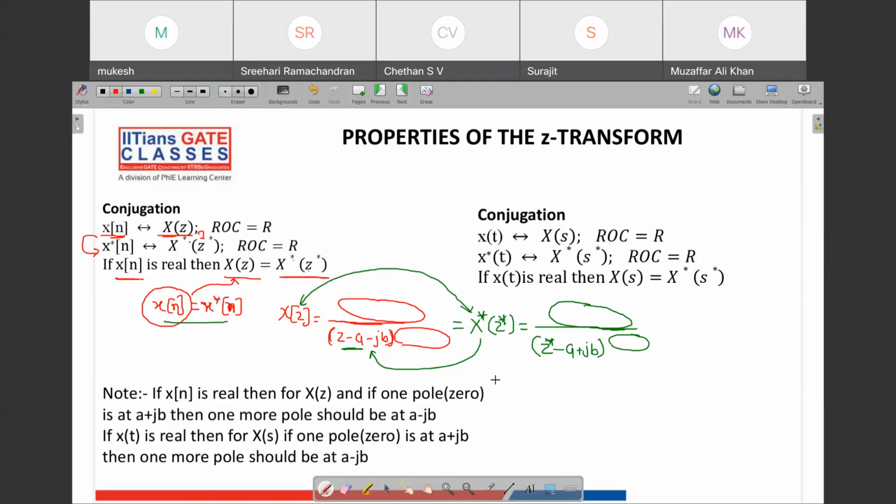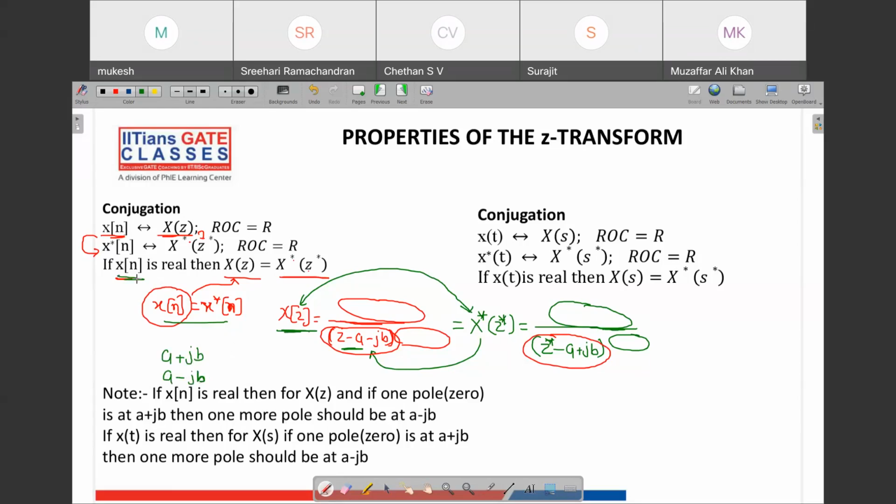Because of that, this term and this term should exist simultaneously for the Z transform X of z. What it means is that if you have any pole located at a plus jb, then there should be one more pole located at a minus jb, if the signal is real.